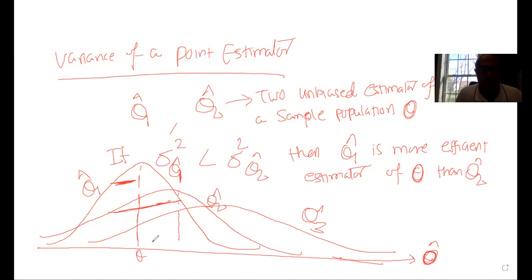Right, guys? So that's what I mean: if sigma square of theta 1 is less than sigma square of theta 2, then theta 1 is a more efficient estimator of theta than theta 2. So please keep this in mind.